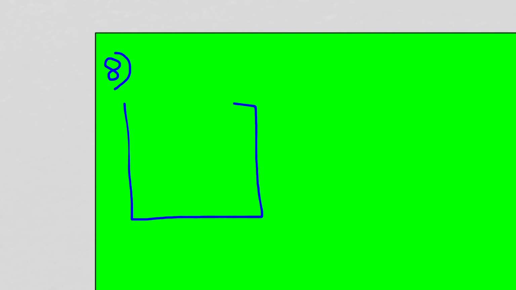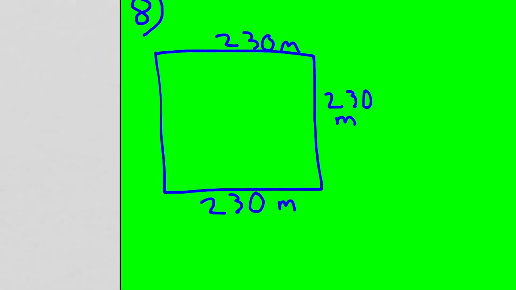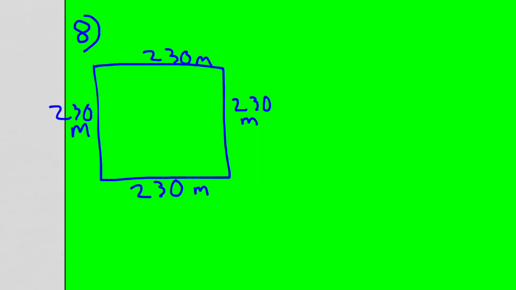So if we're flying over the pyramid of Khufu, ancient Egyptian pharaoh and all-around great guy, you would see that the base of the pyramid is a square. And of course, a square has all sides the same, so all the sides of this square would be 230 meters. That's quite a huge pyramid. 230 meters, 230 meters. Okay, so that's the situation.